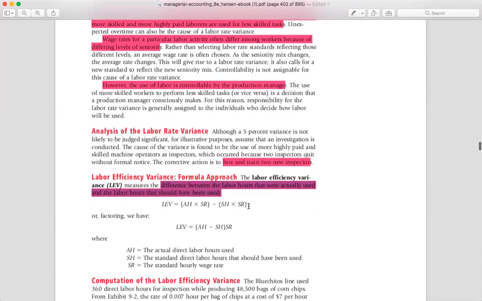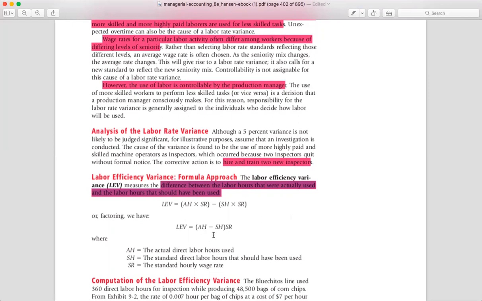Okay, so you have to remember all of these variances. If you find them in an exam, you can easily do it. Right, so the labor efficiency variance. It's the actual hours times the standard rate. Right, so here.